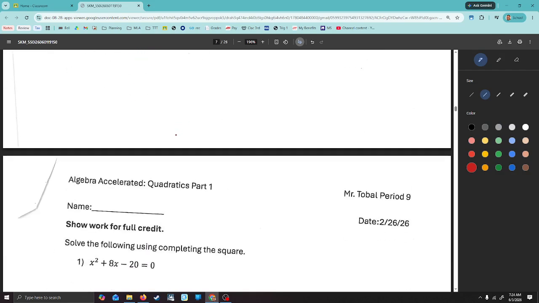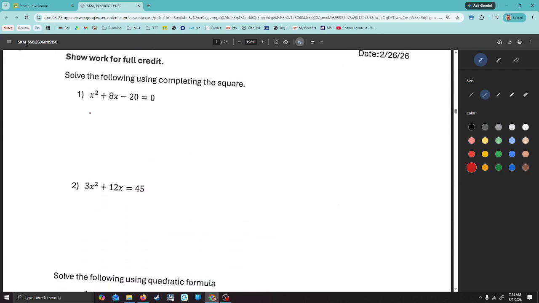That was imaginary. So now we're going to quadratics. So, solve by using complete the square. As a reminder, to complete the square, what you want to do is first move all your x's to one side and move all your non-x's to the other side. So I have x squared plus 8x equals positive 20.